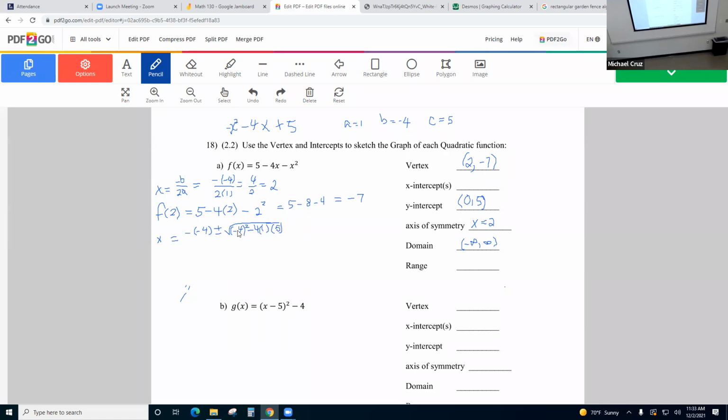So this will just tell us where... Oh, wait a second. Still different. It's -1, all right. Okay.